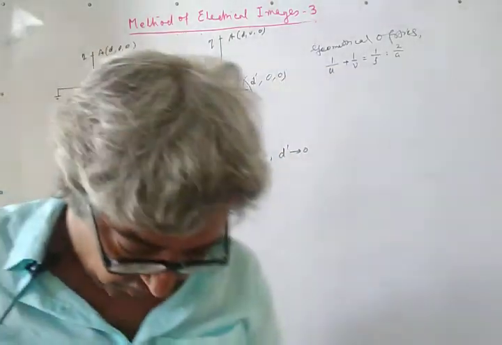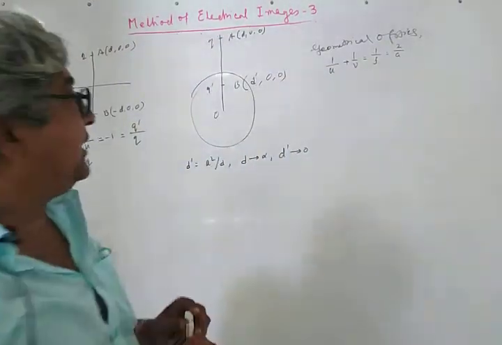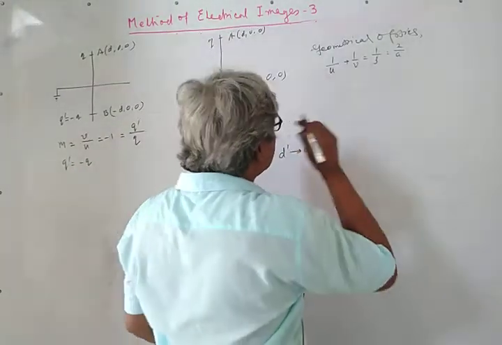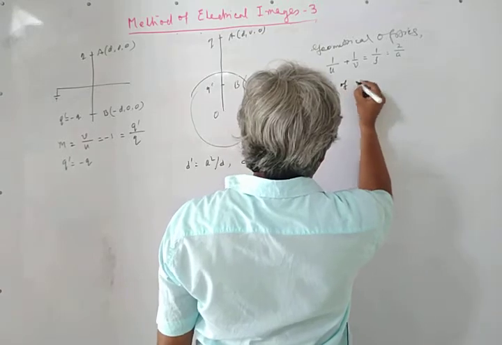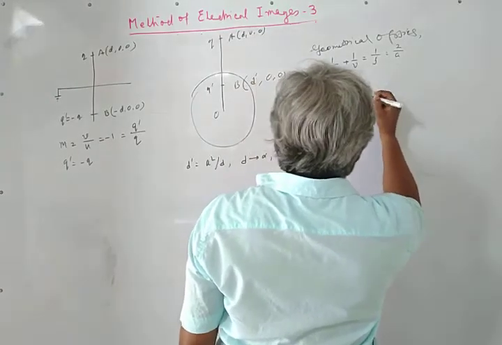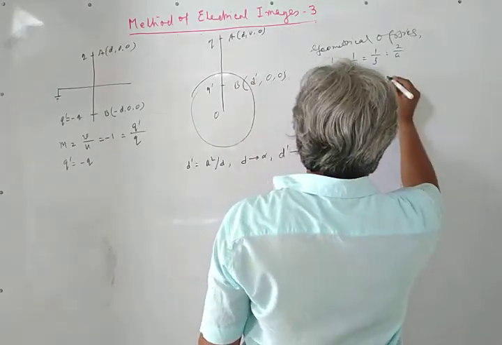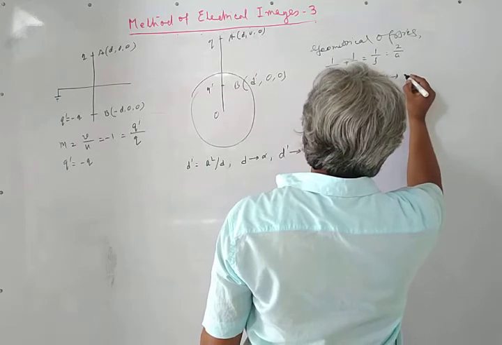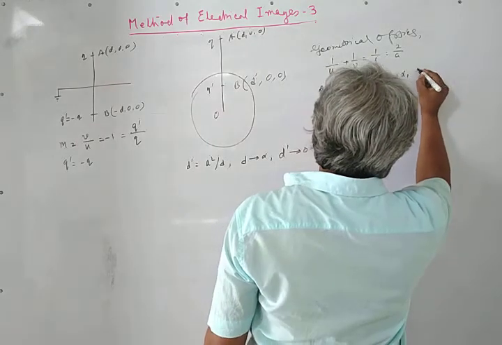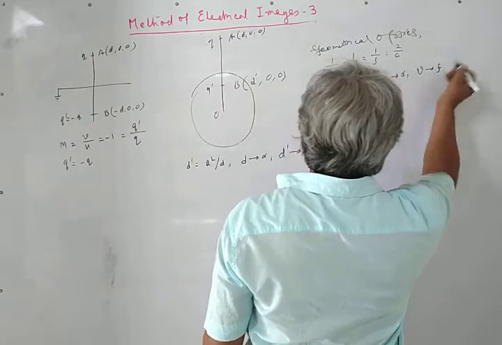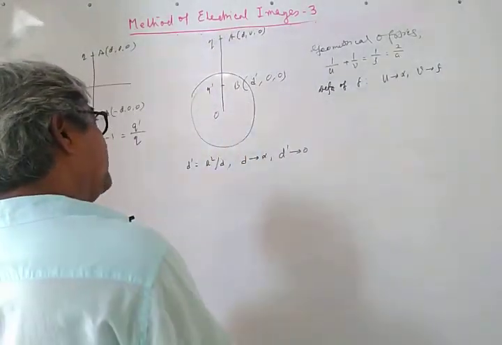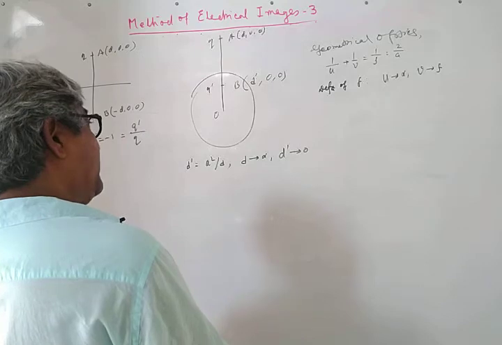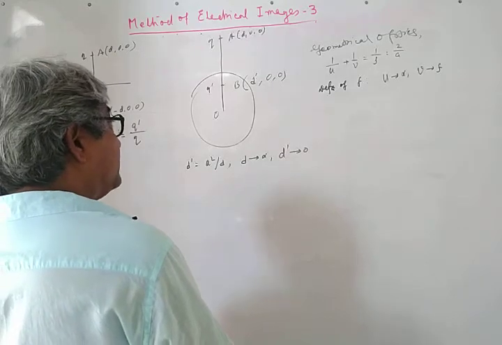Here we define the focal length by the definition of focal length, F was that. If U tends to infinity, V is at F. That is, for an object situated far away, the image is formed at the focal plane.